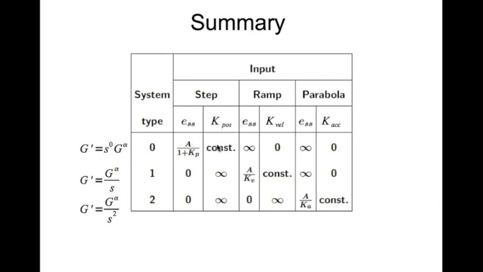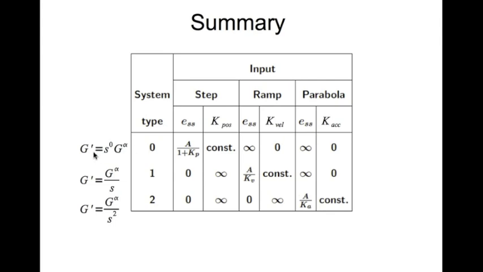The steady state error is a non-zero constant. K position, the position error constant, is a constant as well. Obviously, you know from before, for system type 0, if you give a ramp input, you're going to get infinite steady state error. That means the velocity error constant is 0. Same thing with parabola, and so on and so forth.